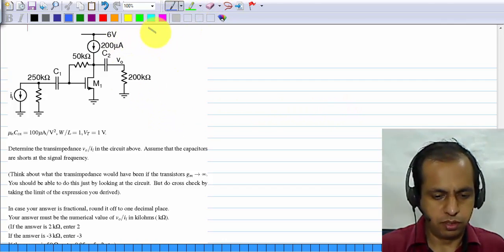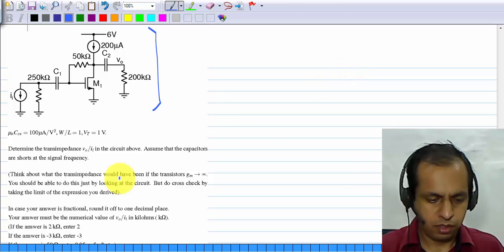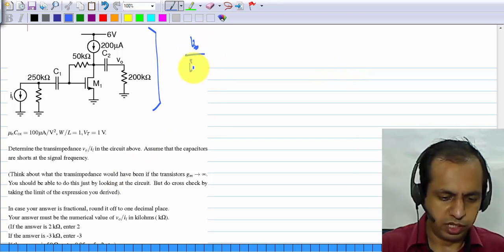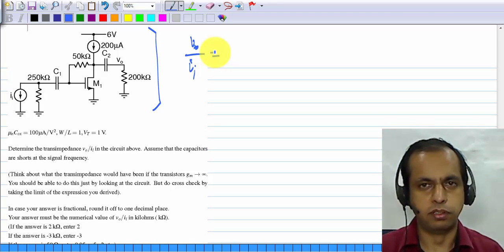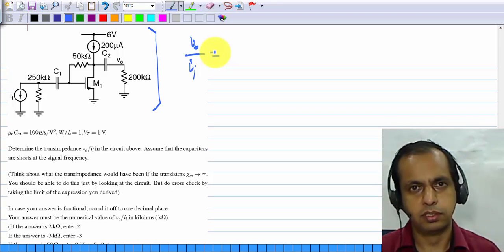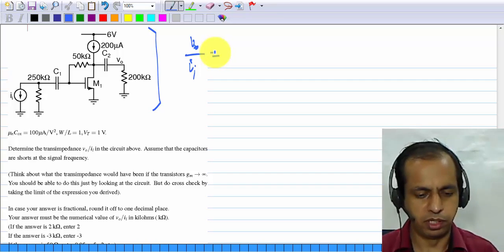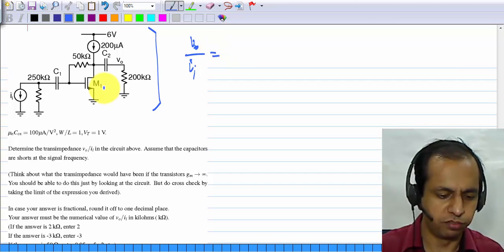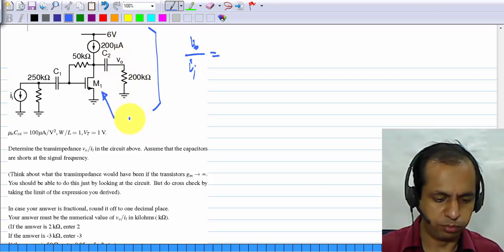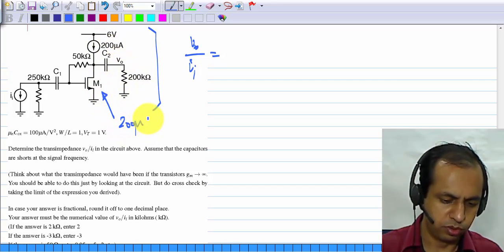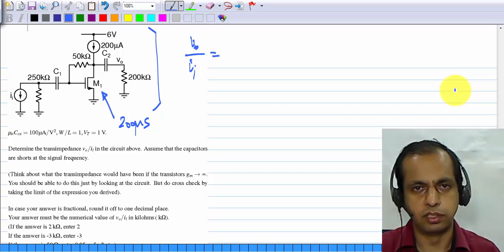Now this one, you're asked for V0 by Ii. We have actually derived the formula for these in the lectures, so it's a matter of substituting the formula, and then of course you have to derive the parameters of M1. With the 200 microamperes of current, this corresponds to 200 microsiemens of transconductance.